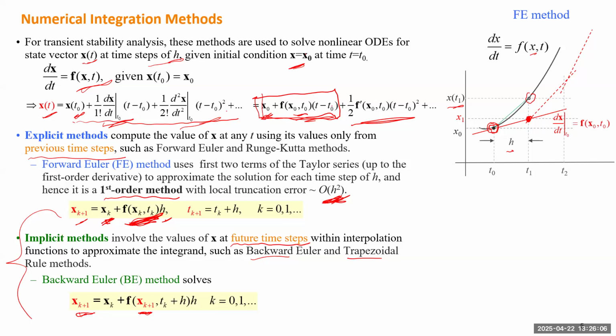So you may ask, how do I know that value? Okay, in order to compute this state vector value, I need to assume I already know it. Then plug it into f to give me a slope, and then I can calculate that. So this is just the formulation of this method. But how to solve this equation will be similar to solving the power flow equation.